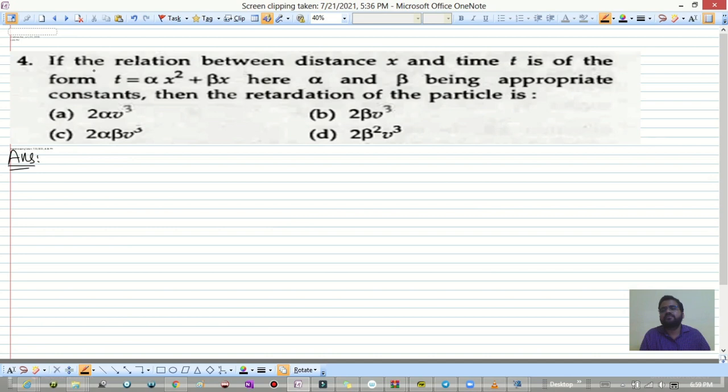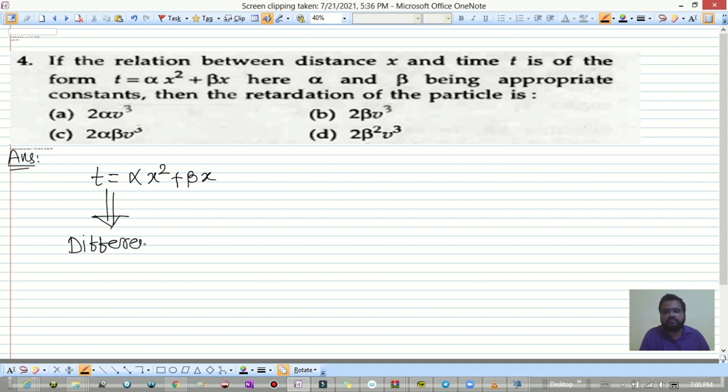Now next, if the relation between distance x and the time t is in the form given, where alpha and beta are appropriate constants, then the retardation of the particle is. So in this question we have t is equal to alpha x squared plus beta x. Now you have to differentiate time with respect to x.